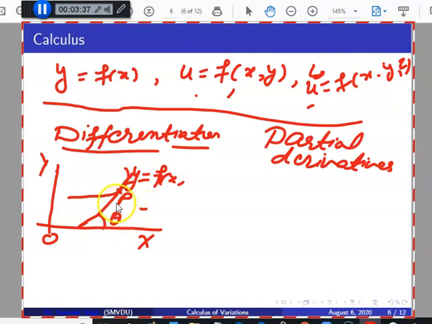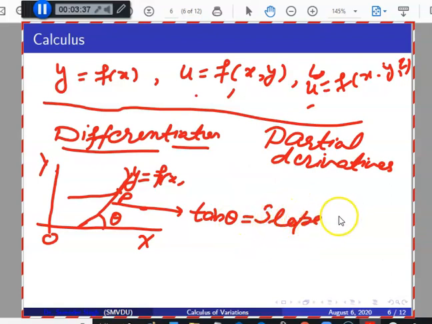Then tangent of theta is called the slope of line. And in fact, in this situation, this line is touching this curve at one point, so this is tangent to the curve.